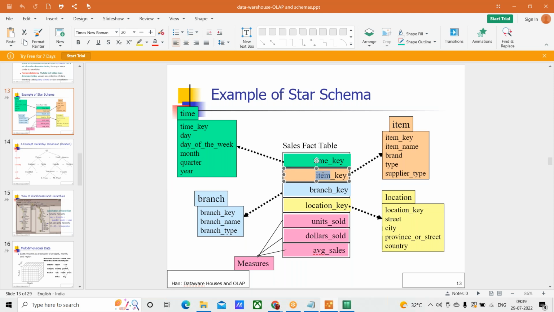Similarly, the fact table will be joined with the item table based on item key. Item key is the primary key in the item table, and all the keys of the dimension tables will be present in the star schema, I mean, in the fact table.